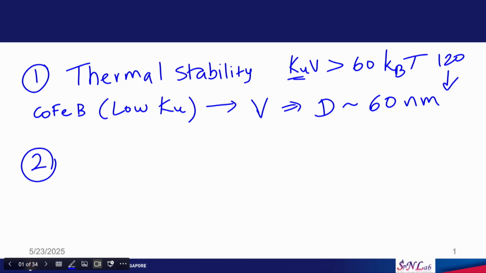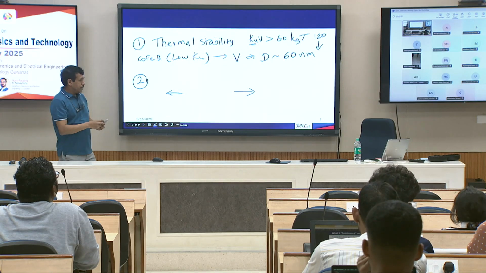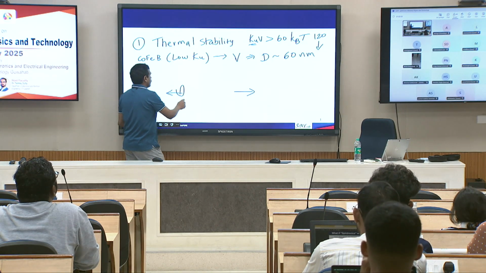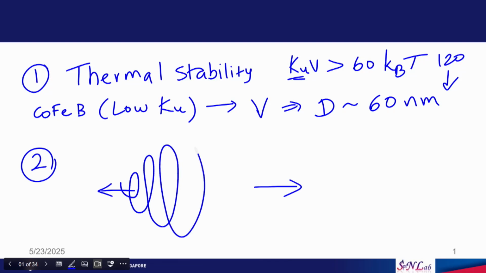The second problem we learnt is that, let us say magnetization is pointing in this direction, we want to switch the magnetization to point in the other direction. Magnetization being an angular momentum, it does not just flip, it goes through a precession, then finally goes to the other state.